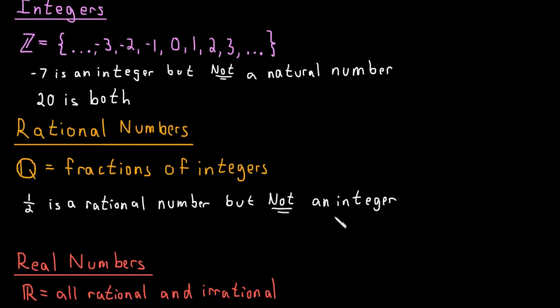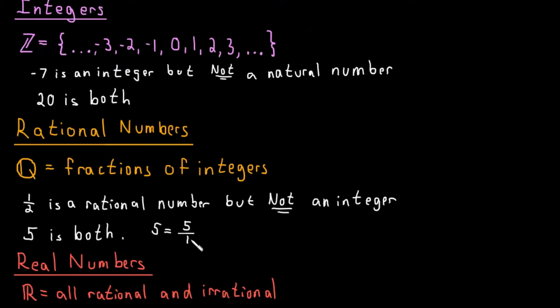So when we make a fraction with integers, that's a rational number. Now, can you think of any examples of a number that is both a rational number and an integer? Well, 5 is both. Why? Think about it. 5 is definitely an integer and a natural number for that matter, but it's also a fraction because 5 is the same thing as 5/1.